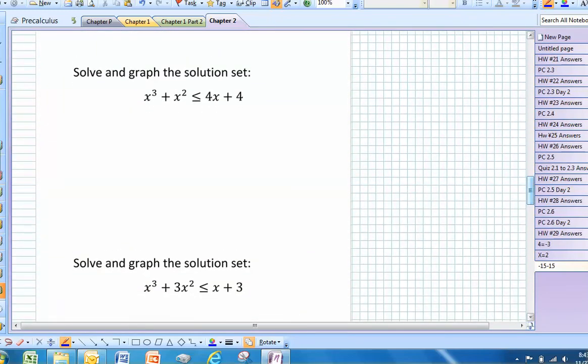So we'll do one here where it's to the third power. If I subtract, I get x to the third plus x squared minus 4x minus 4 is less than or equal to 0. Notice here, to get the critical numbers, I'd group.